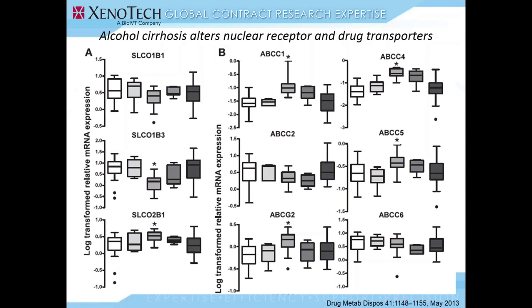It's interesting that significant changes in the mRNA of these transporters are only noted in alcohol cirrhosis without diabetes. See, 1, 2, 3, 4, 5, 6 of them out of 9.